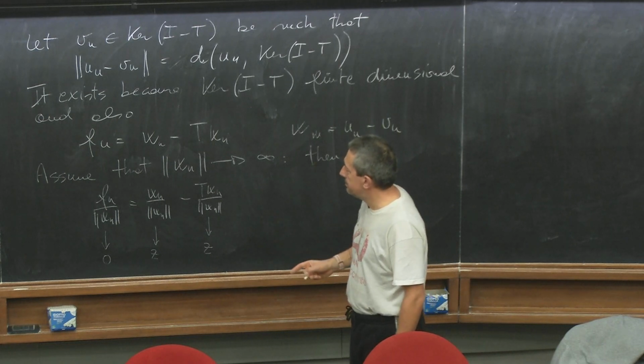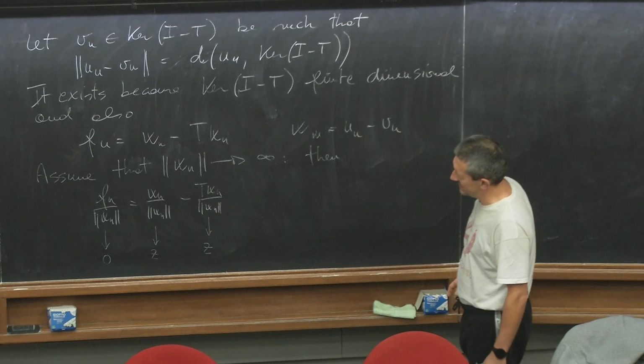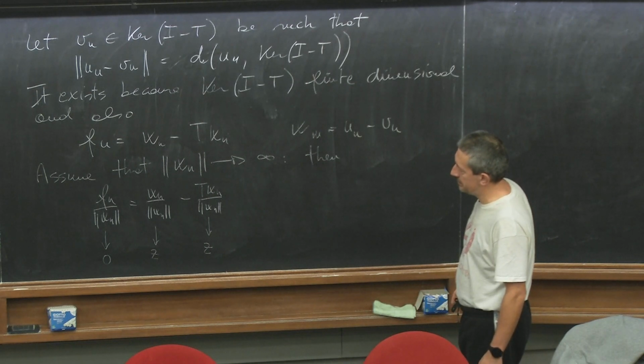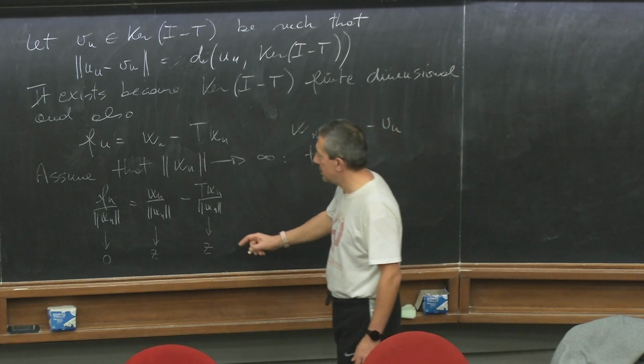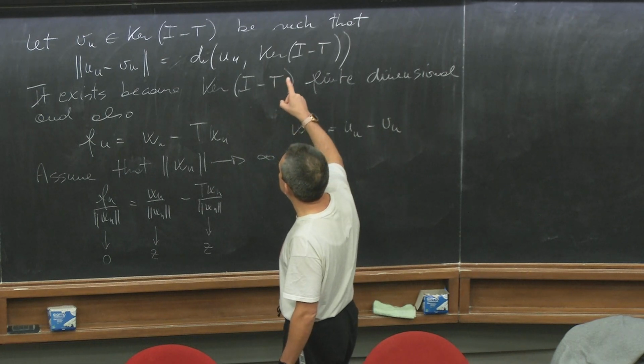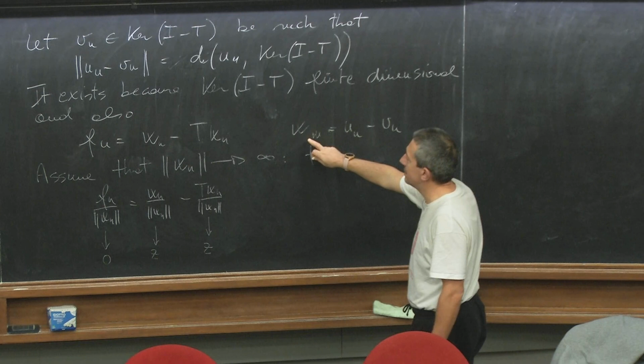Professor? Yep. Why we discover that T Vn over what norm of Vn converges with what? We don't know. Vn, it's unbounded sequence, so we cannot apply compactness of T here. Where here?